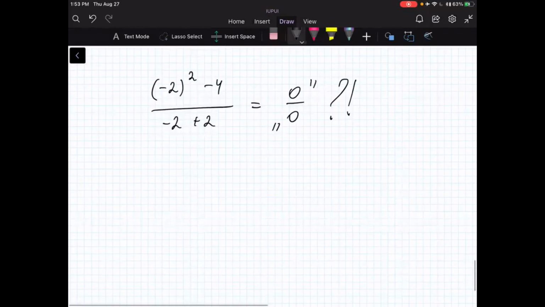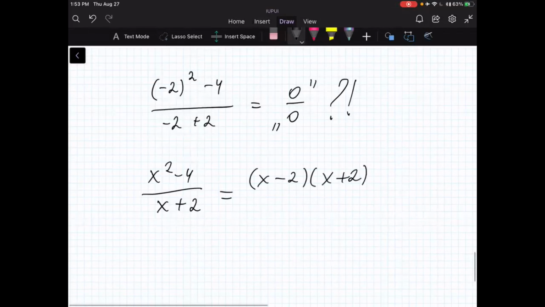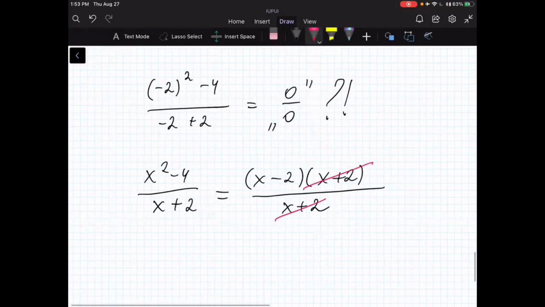So let's write our function x squared minus 4 over x plus 2 using the difference of squares. So it is the same as x minus 2 times x plus 2 divided by x plus 2. And then we see that there is a cancellation of two factors, and we get that it is x minus 2.